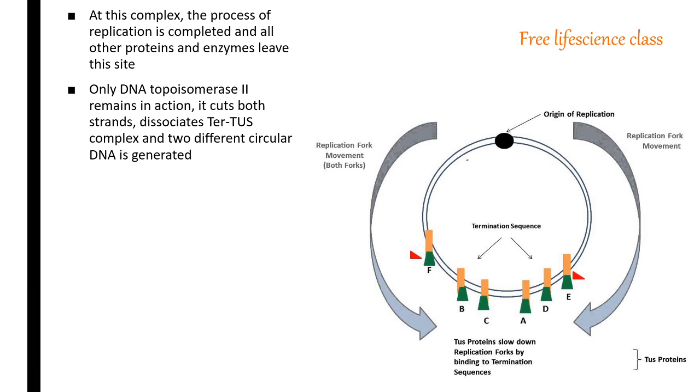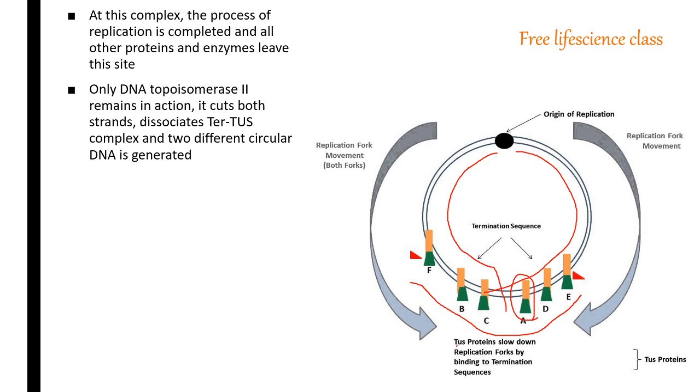So the DNA replication will be terminated with the help of these termination sequences. You can see six different types of termination sequences: A, B, C, D, E and F. Among these, the anti-clockwise moving replication fork is stopped by the Ter sequence A, and the clockwise moving fork will be stopped by the Ter sequence C.